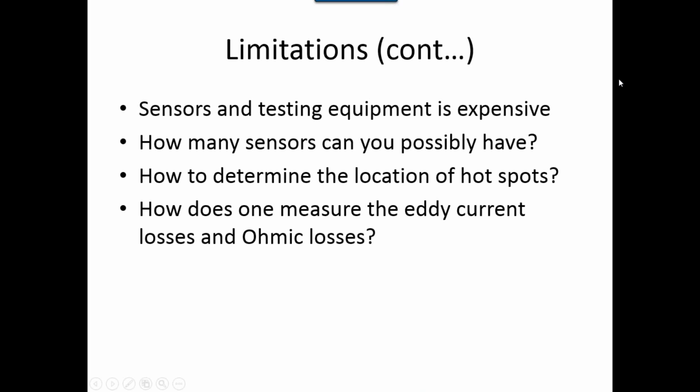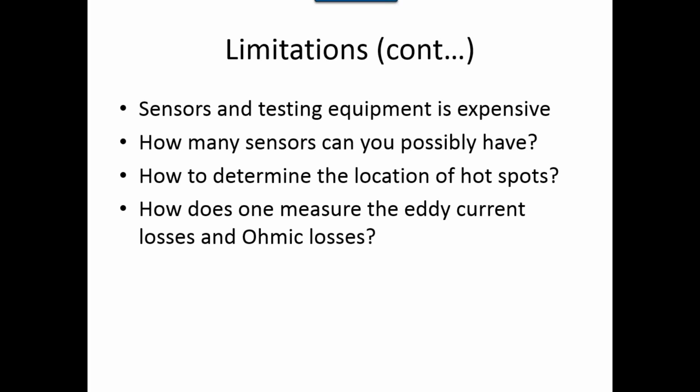The second challenge, which is more obvious to the picture that you saw, is there's actually a physical limit to the number of sensors that one can possibly have. And the third challenge here is, how do I predetermine the location of hotspots? If I'd known that these places would get hot, then I would place sensors there. But sometimes in new designs, and especially when you're coming up with new product development, you don't know really where those hotspots are going to be to begin with.